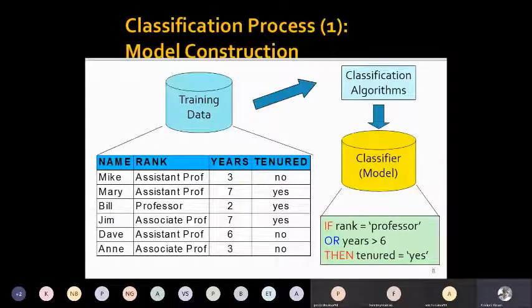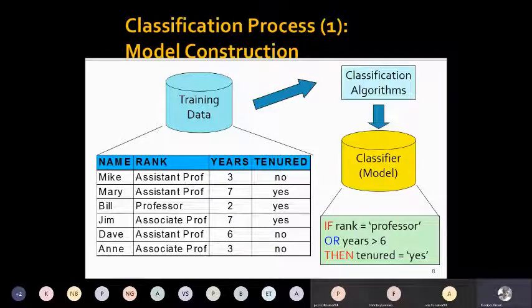So for example, here is another example, slightly away from the credit rating example. We have a bunch of professors and we have their ranks like assistant professor, associate professor, full professor, the years they have been working, and the prediction is whether they are tenured or not.